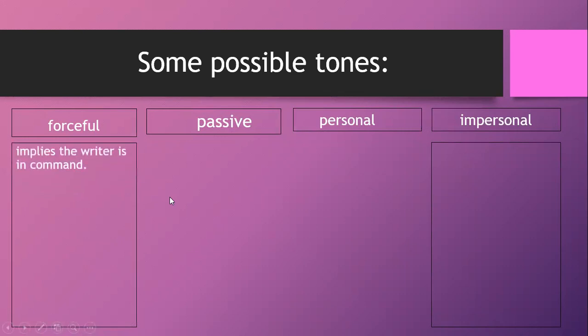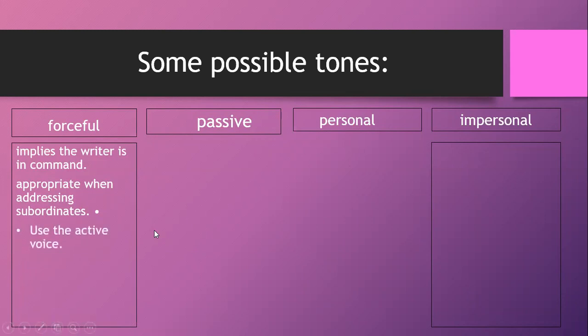The forceful tone implies the writer is in command. The writer is in charge, right? It is appropriate when addressing subordinates; usually a company head, president, manager, or director uses a forceful tone. Like we would commonly say, a boss, right? So it is appropriate when addressing subordinates in his or her company.